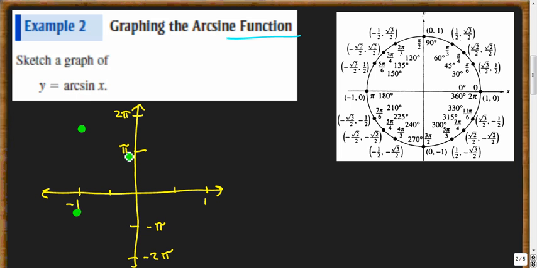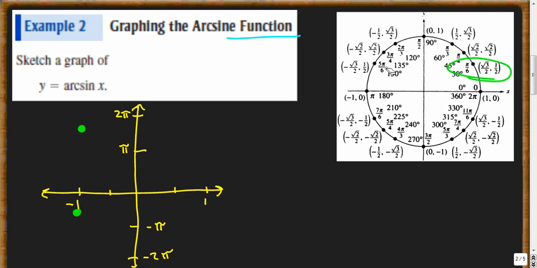So next one we have is a half. So where is the sine a half? First place is at pi over 6. And since we're talking about a y value, it's going to happen on the other side as well. So this is going to be at pi over 6 and also at 5 pi over 6.